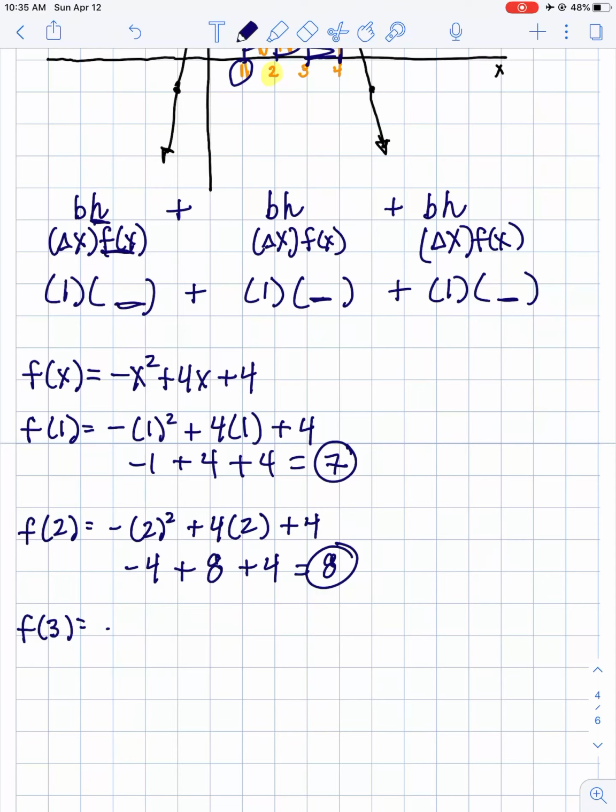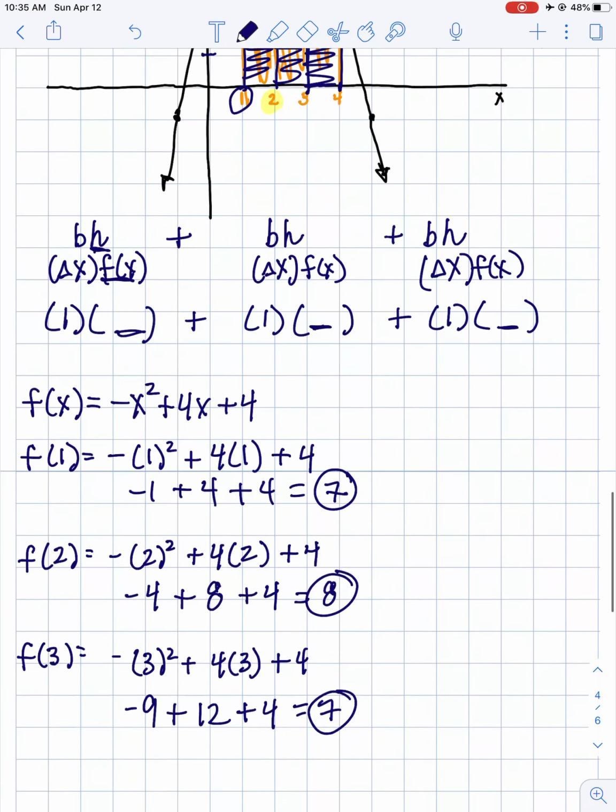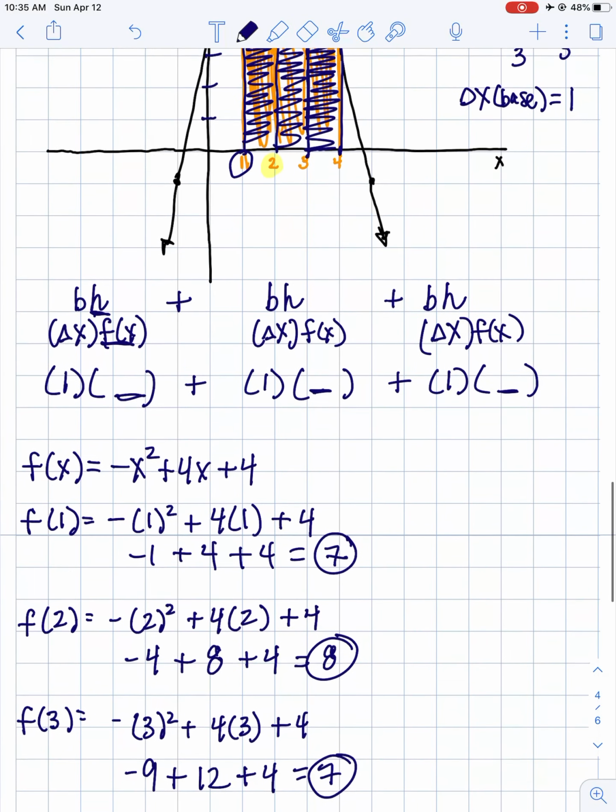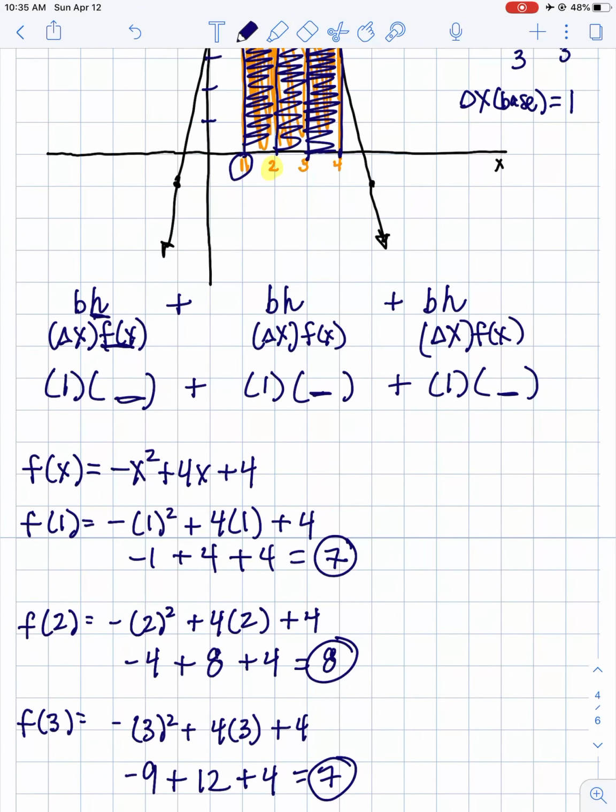That height corresponds to a value of 8, so I'm doing this correctly. And then f of 3 will be negative 3 squared plus 4 times 3 plus 4. And so if I do that, that's a negative 9 plus a 12 plus a 4. That's another 7.